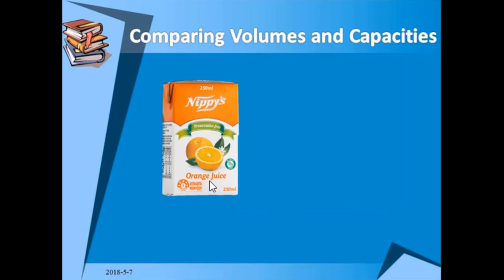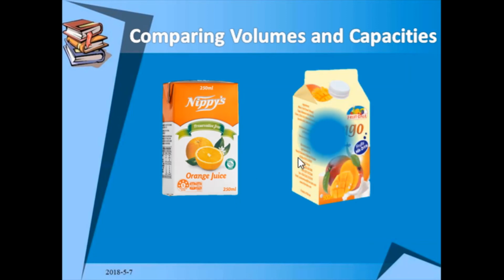The orange juice is 250 milliliters or ml. And we also have an apple juice, rather mango juice, and it's 500 ml. If we compare a 250 ml orange juice and a 500 ml juice, which one is bigger?